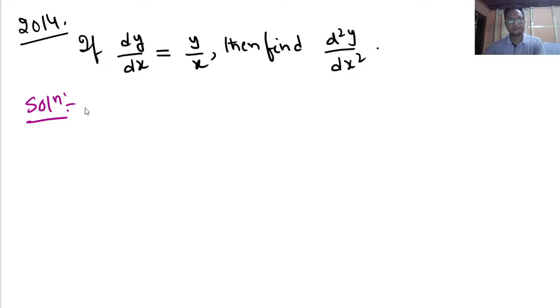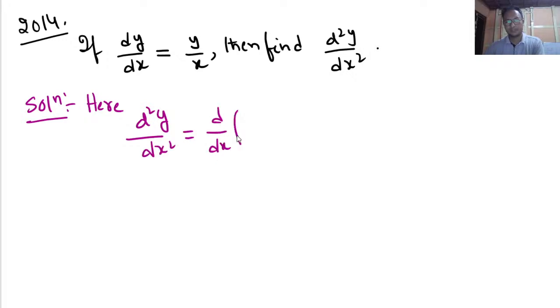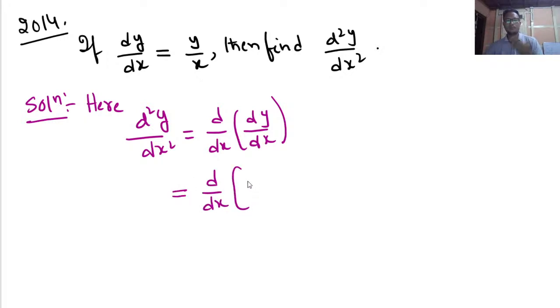See here. As we know, d2y by dx square is nothing but d by dx of dy by dx, right? So that means we have to find the differentiation of dy by dx, but dy by dx is given as y by x.